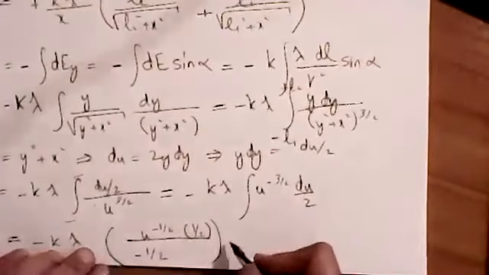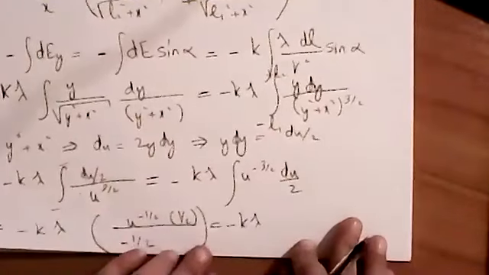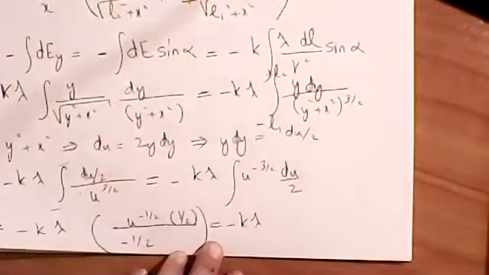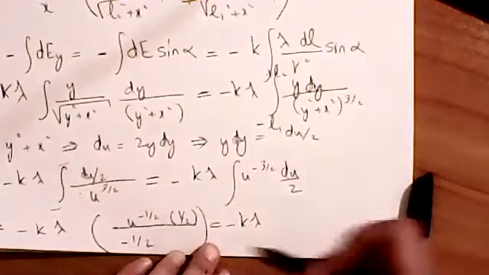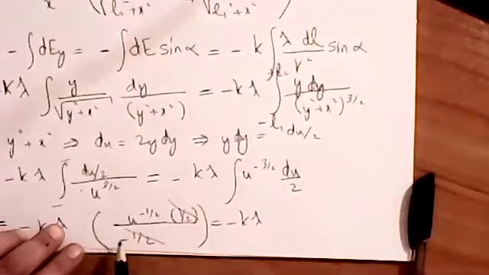So this is equal to minus k lambda, the one outside the bracket. u to power minus half is 1 over u to power half, which is 1 over radical u, and the half and half I can cancel. I can cancel the half with this half, and a minus remains.